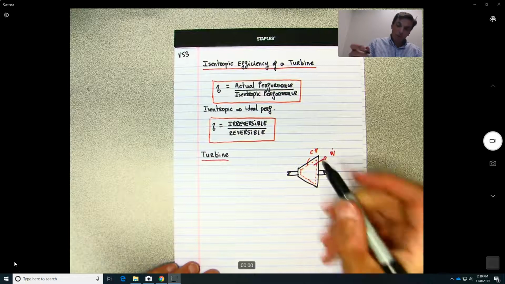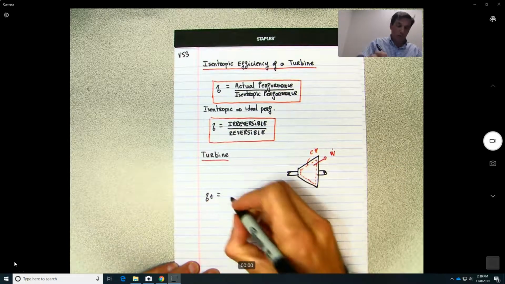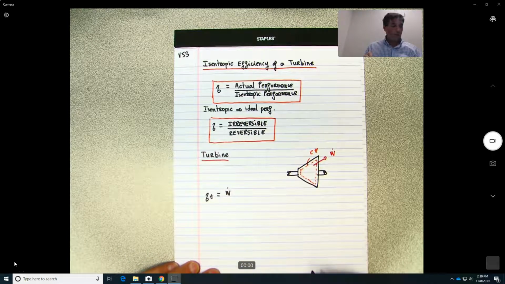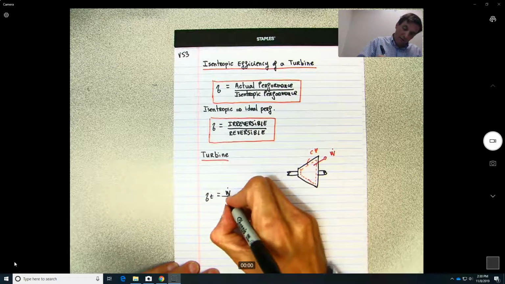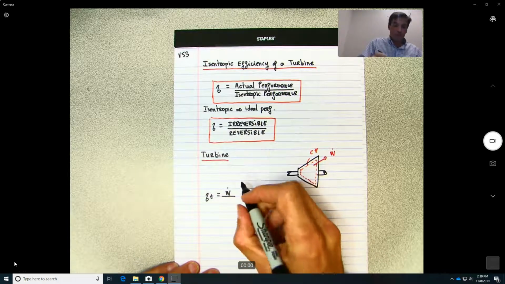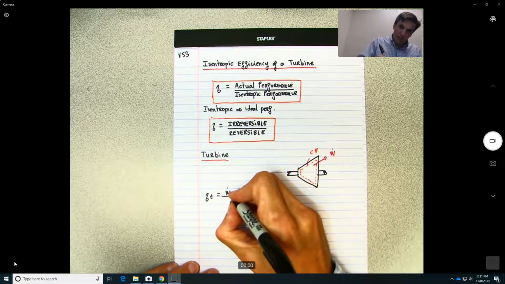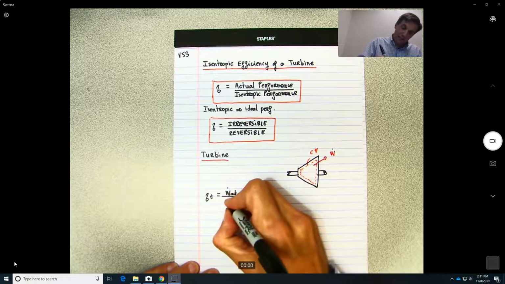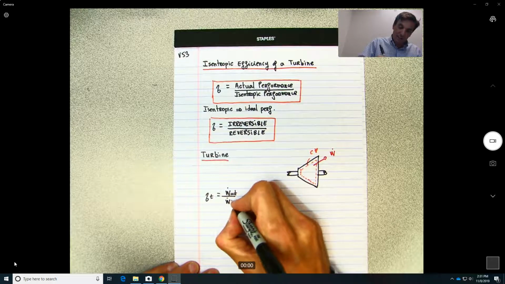So basically, what is the function of the turbine? Is to generate power. That will be for the irreversible, so for the actual case, and this will be for the ideal case, let's say the isentropic.